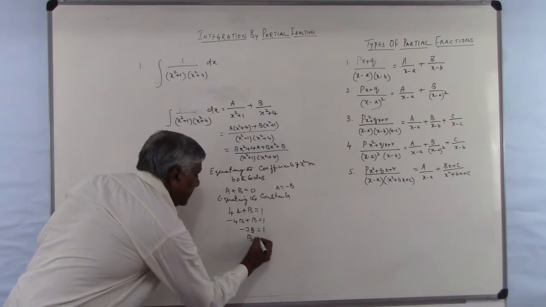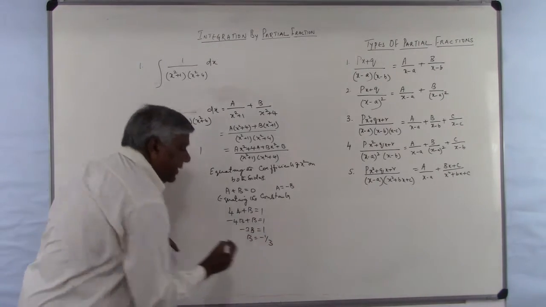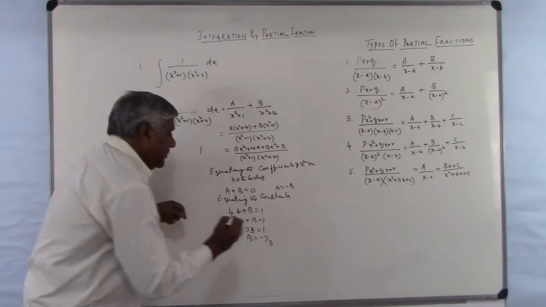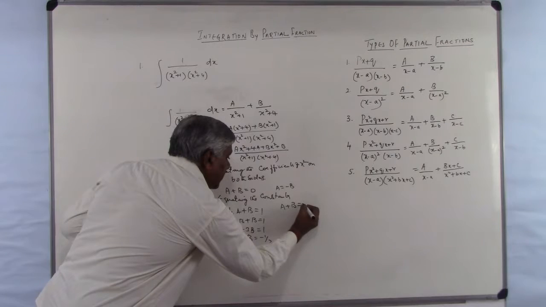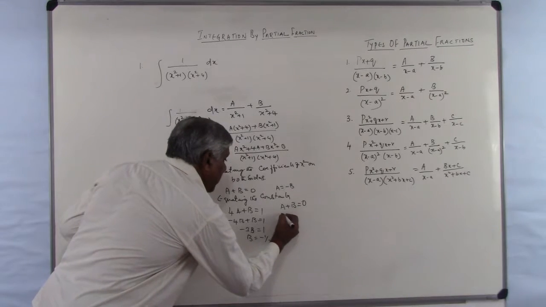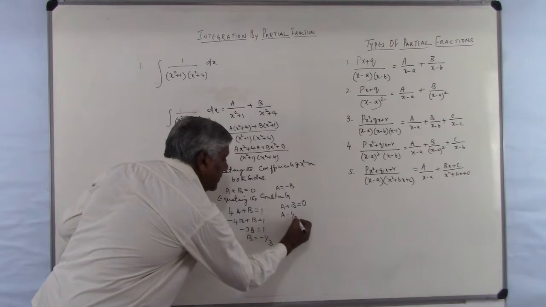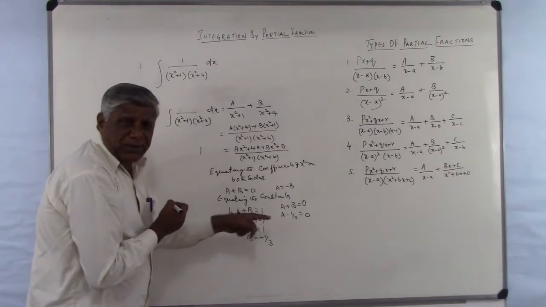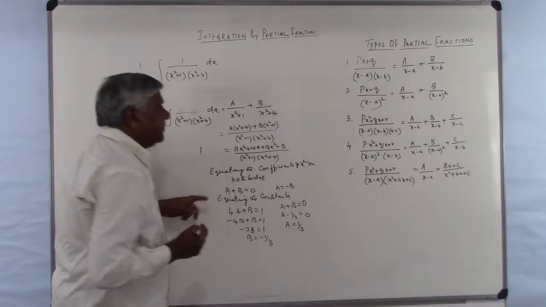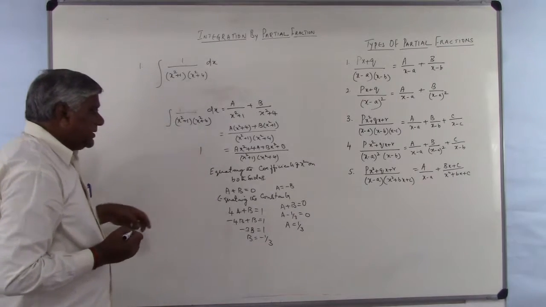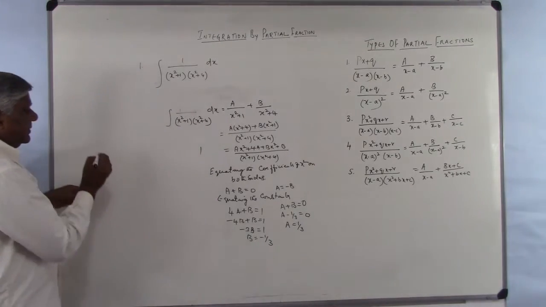Therefore, b is equal to minus 1 by 3. Now, we know that a plus b is equal to 0, or a minus 1 by 3 is equal to 0. So, a is equal to 1 by 3. Now, your integration comes like this.